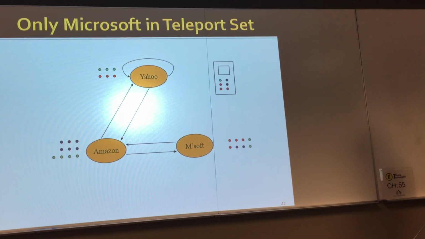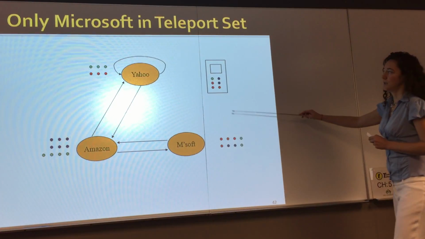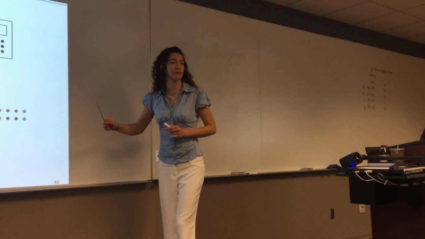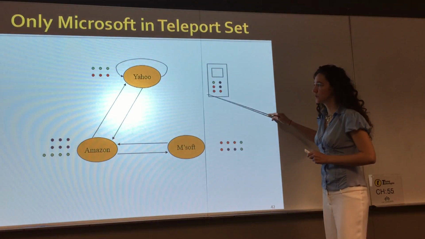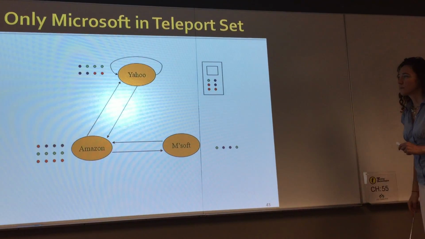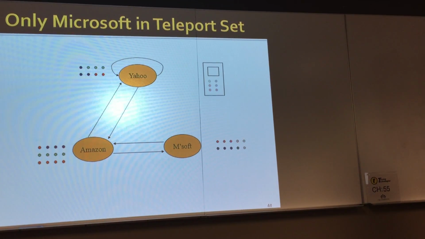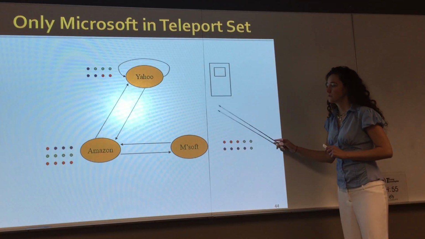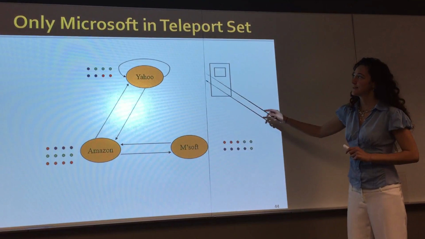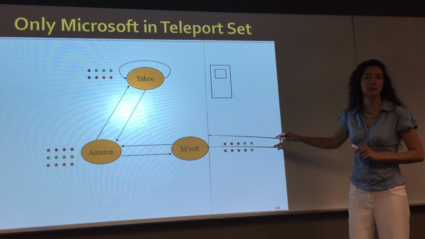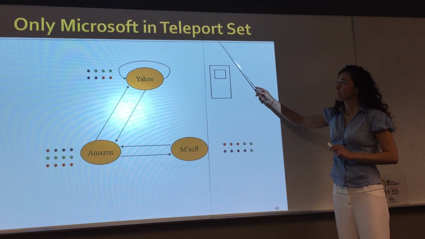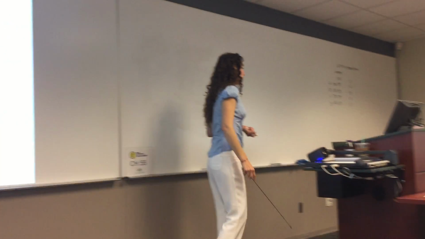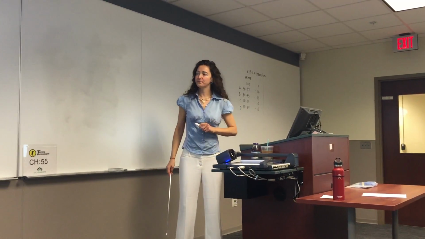After some time, again, 20% will get into this teleport set, so they keep circling around, but they always come back to a set of websites that are related to their subject of interest. Microsoft, out of these sites, is the only one that is related to the subject of interest, because the subject of interest was the word software, and Microsoft is the software company out of those three.